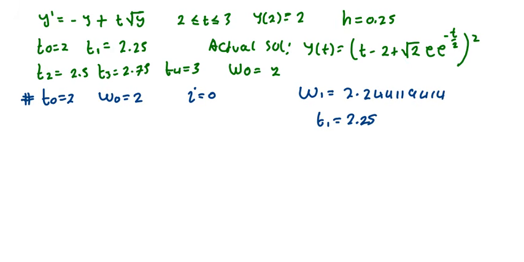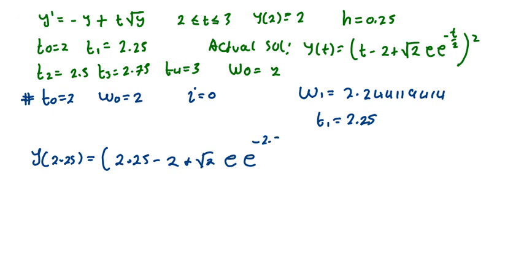So what do we do right here? To find the actual solution simply means we're going to say y of t1. What is our t1? 2.25 is equals to, open bracket, 2.25 minus 2 plus the square root of 2 times e, then times e again to the power minus 2.25, divided by 2 squared. If you punch that on your calculator, you're going to end up with 2.2441211.